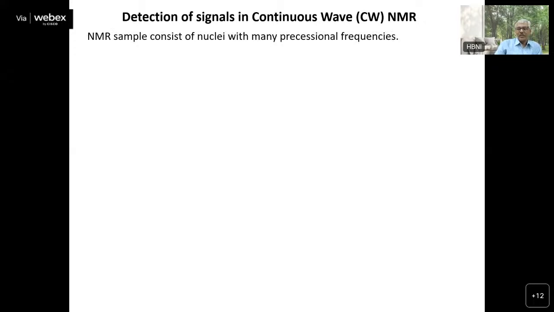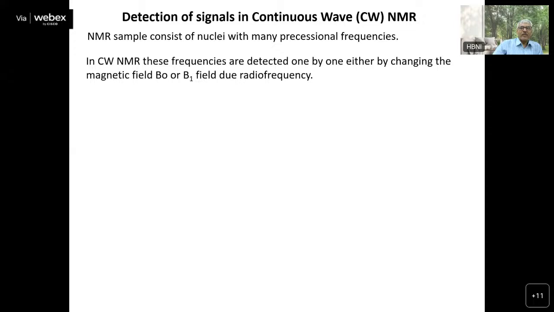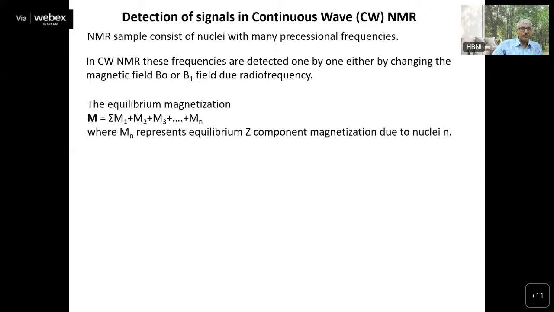Now let us see how we can use this rotating frame system for detection of signal in continuous wave NMR, CW-NMR. If you see in an NMR sample, it contains many nuclei with many precessional frequencies. And if you remember, in CW-NMR these frequencies are detected one by one. So either you change the magnetic field or you change the radio frequency field.